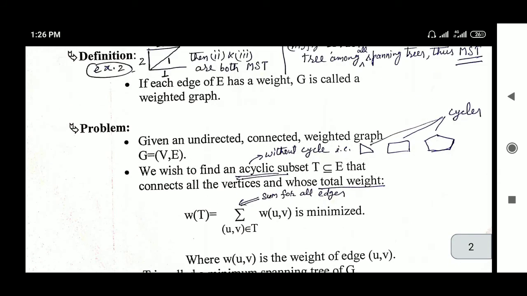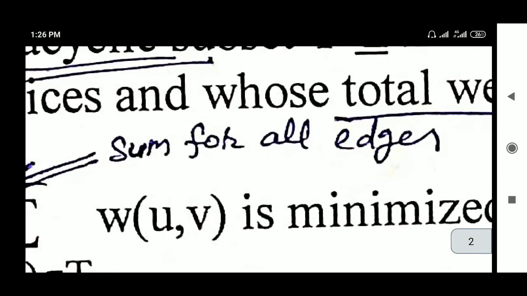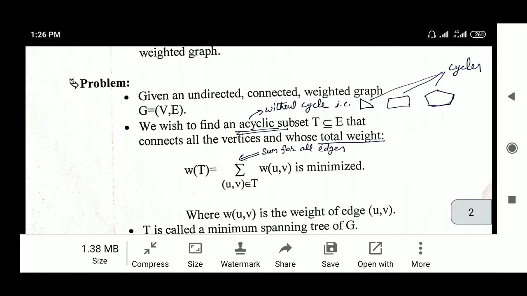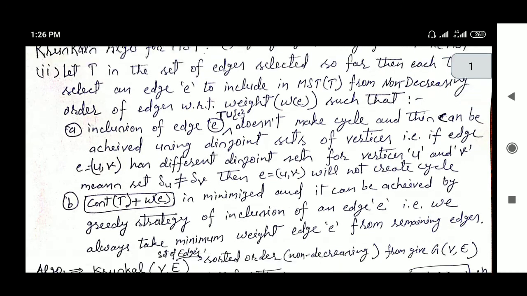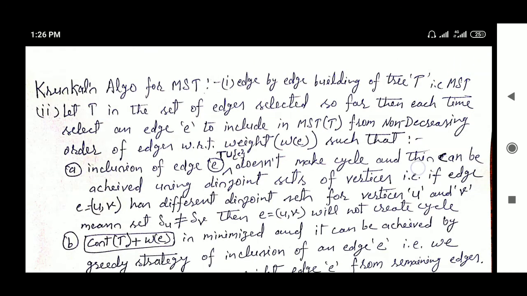So now we will learn how we can find out the MST for a given graph. For that purpose, we study the Kruskal algorithm. In the Kruskal algorithm, we find the minimum spanning tree, or make the MST, by choosing the minimum cost edge each time among the remaining edges which does not create a cycle.